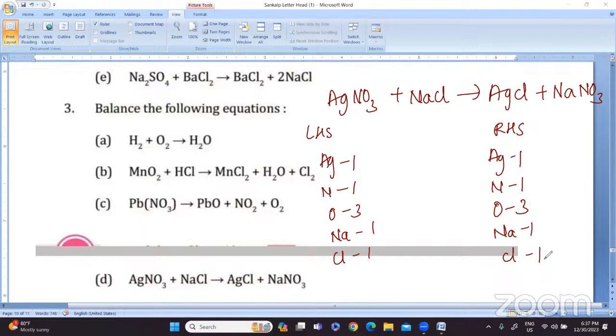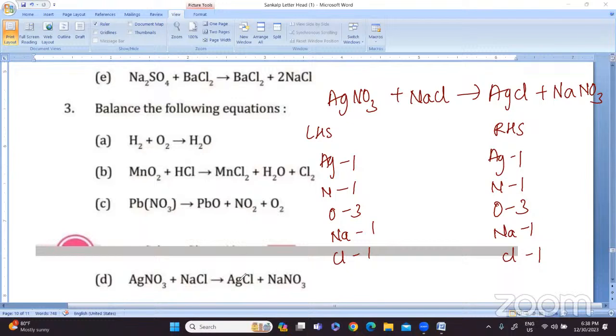Can we balance it furthermore? Yes, students, you can see it is already balanced.